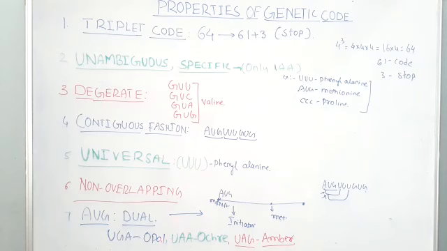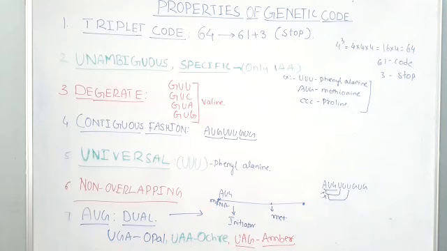They are also known as nonsense codons, or stop codons, or terminator codons, because these three are going to stop the process of translation. When the polypeptide chain reaches the terminal end, these three give the signal to stop the synthesis of protein. Thus, they are called stop codons.